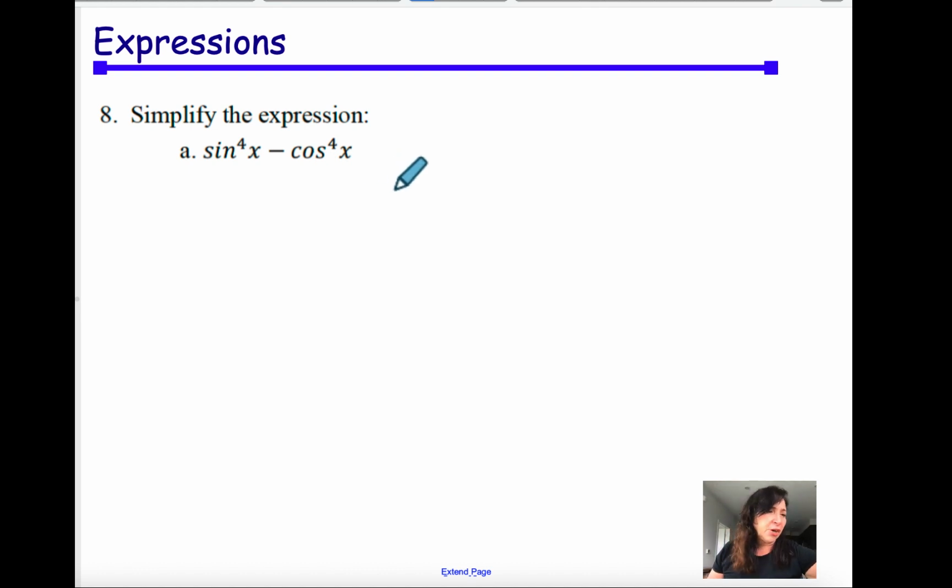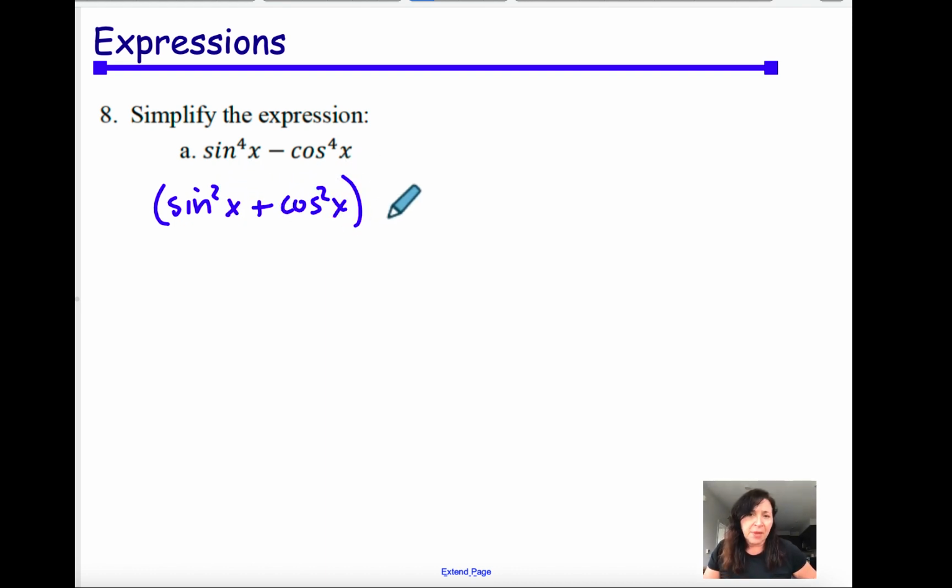For this problem here, we're going to simplify the expression. And to simplify this expression, I need to realize that it is a difference of 2 squares, right? And so this being a difference of 2 squares, this would be sine squared of x plus cosine squared of x times sine squared of x minus cosine squared of x.